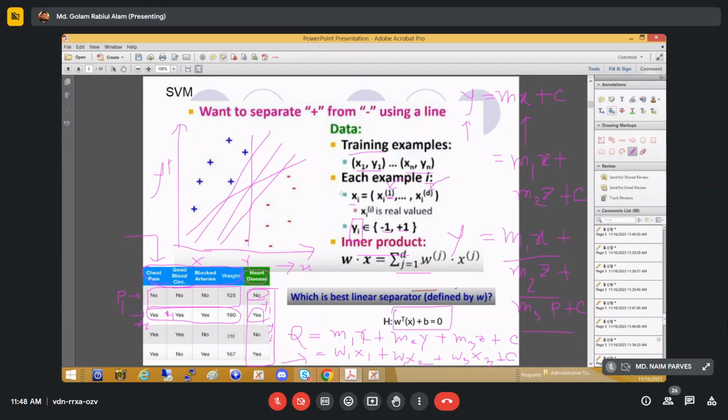But which one is the optimal one? We have to find out that. We have discussed linear regression and gradient descent, and there we have also seen that if we want to find out this kind of line, then we have to find the optimal value of M and the optimal value of C. But here the method is different.